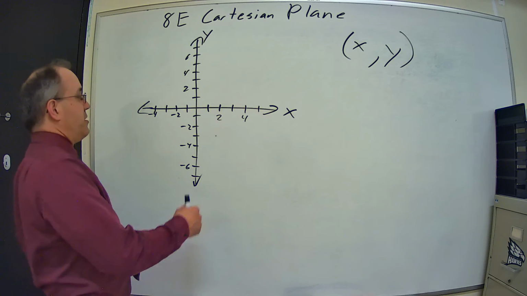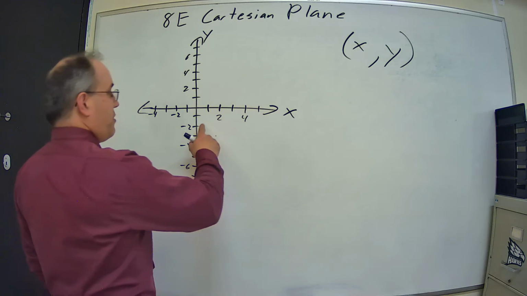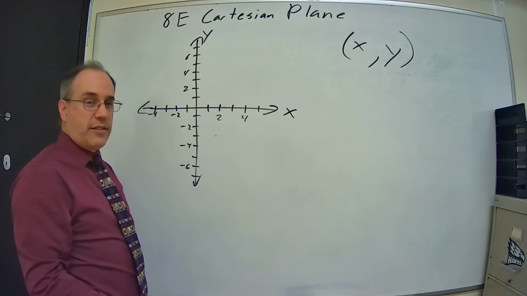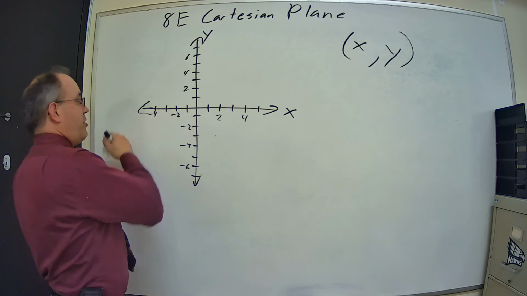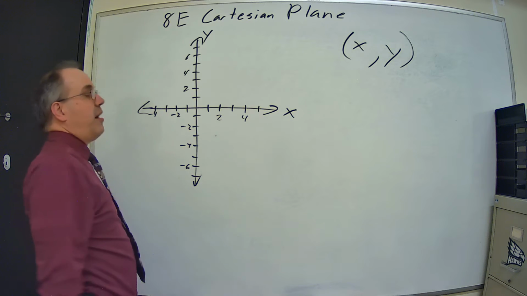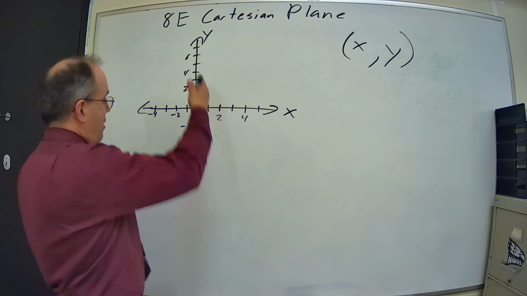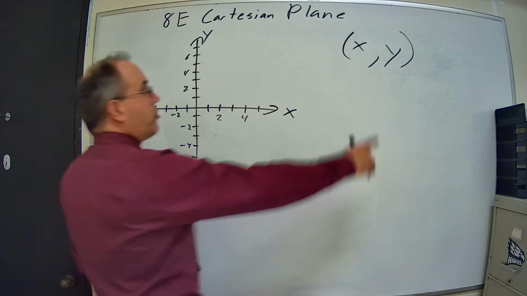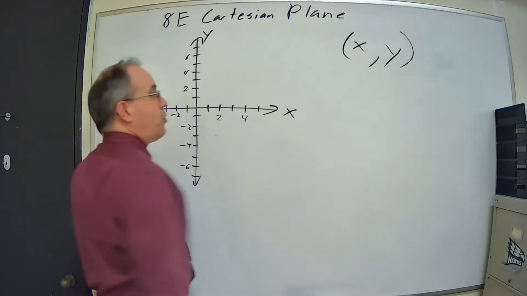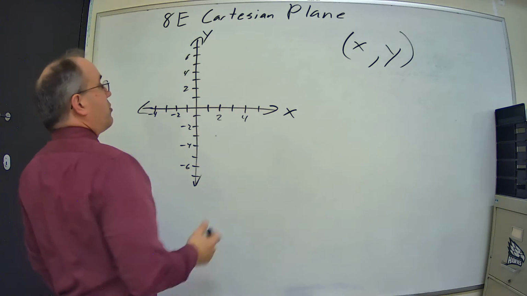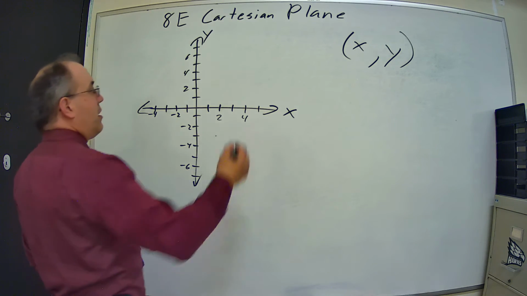So what that does is that means that any positive x values will be on the right side of the axis, and any negative values will be on the left side for the x-axis. Any positive values will be on the upper part of the y-axis, and any negative values will be on the bottom part.